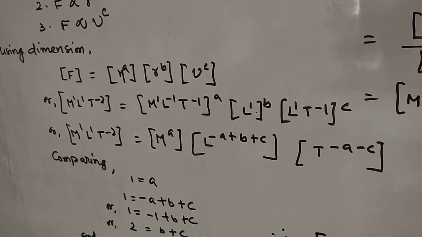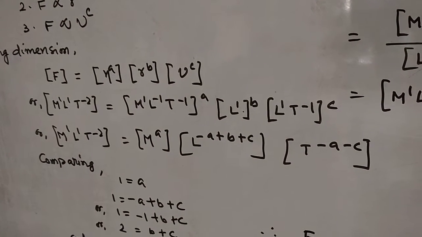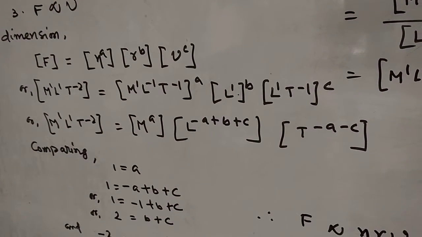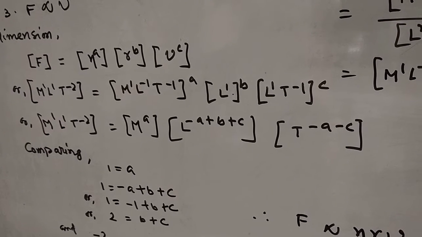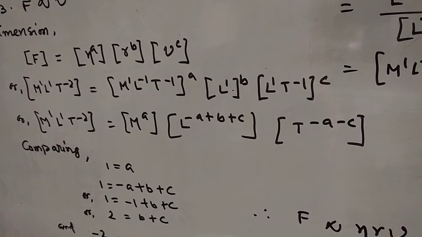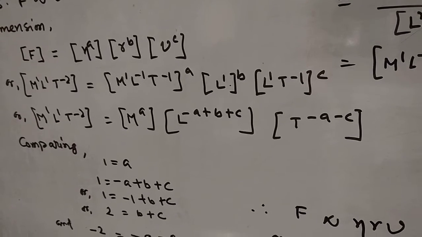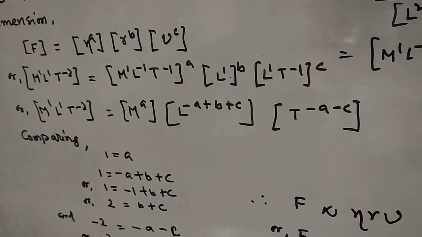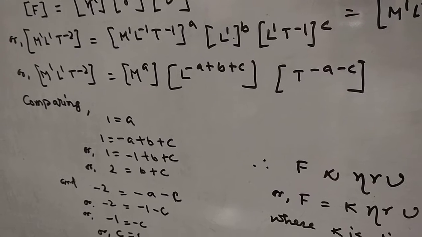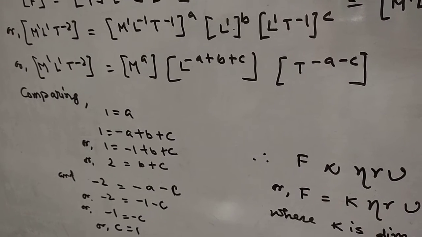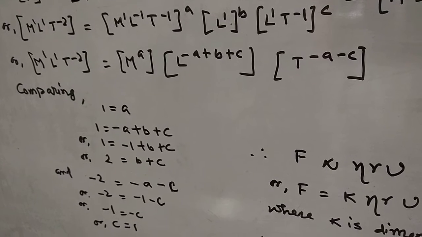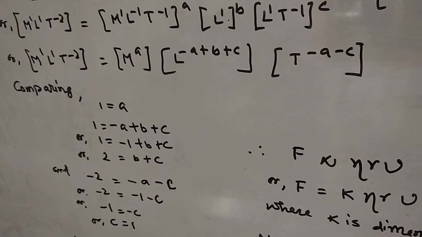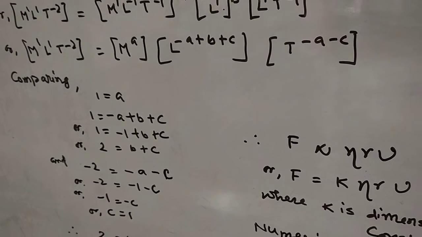So 1 equals a, and 1 equals minus a plus b plus c, and that simplifies. If you do 1 minus 1 plus b plus c, so 2 equals b plus c. Then minus 2 equals minus a minus c. Minus 2, minus a is 1, so minus 1 minus c, so minus 1 equals minus c, so c equals 1.